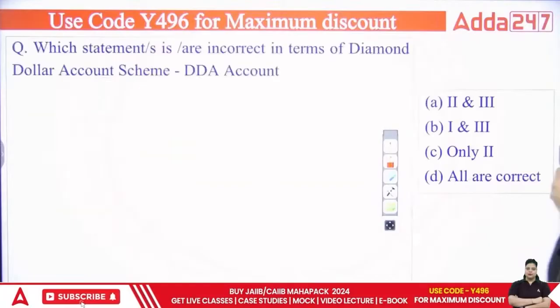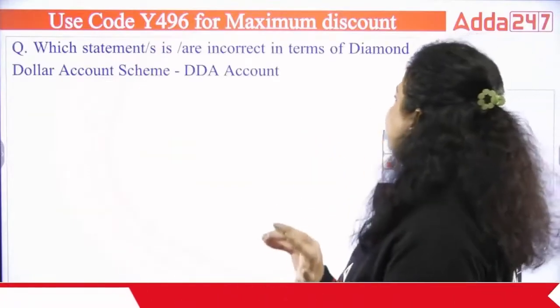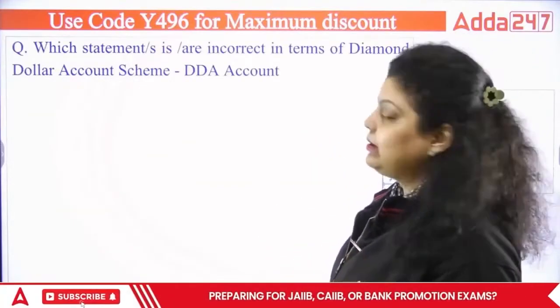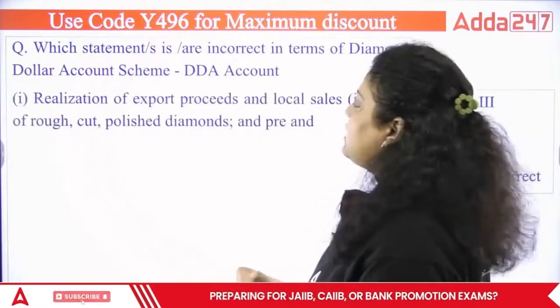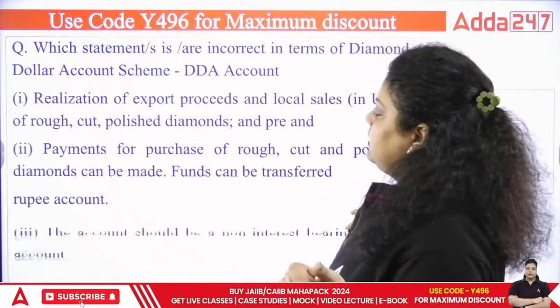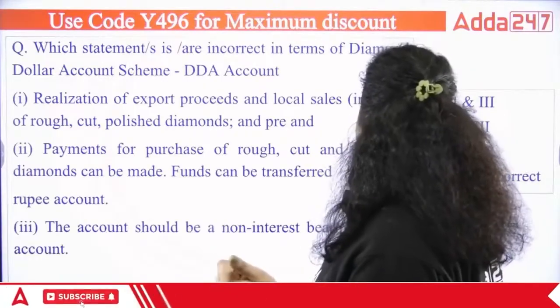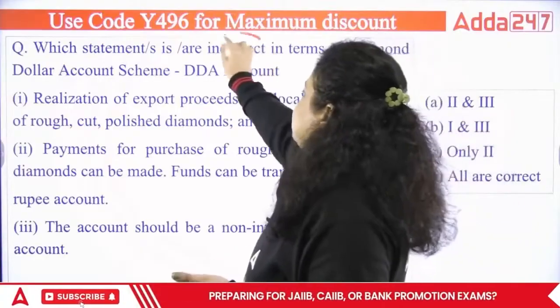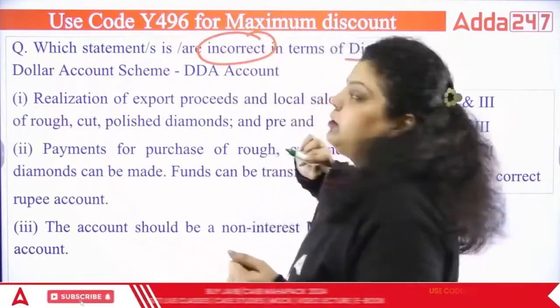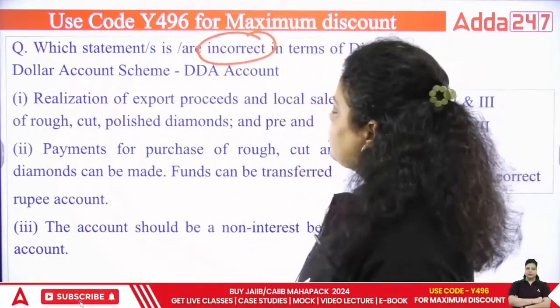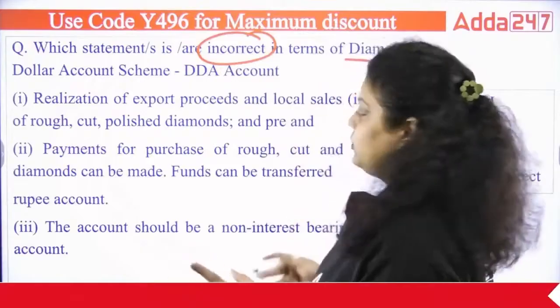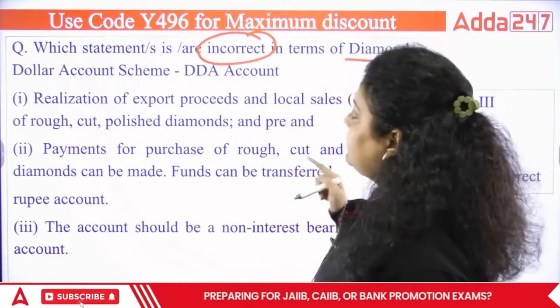The next question: which statement is incorrect in terms of the Diamond Dollar Account scheme, that is the DDA account. Three statements have been given to you, and you have to answer which is incorrect in context of the Diamond Dollar Account scheme. First says realization of export proceeds and local sales in US dollar of rough, cut and polished diamonds.